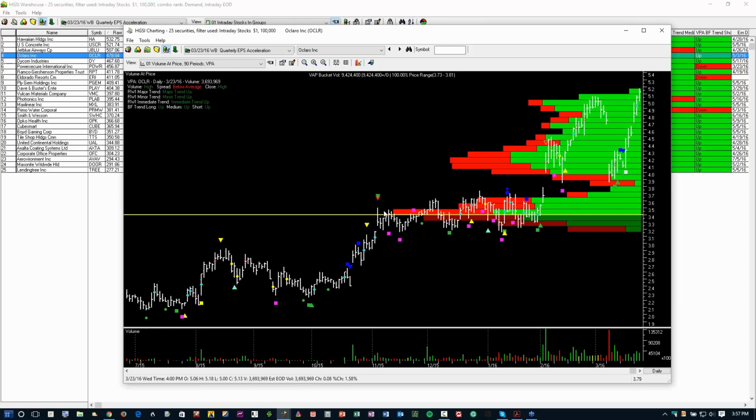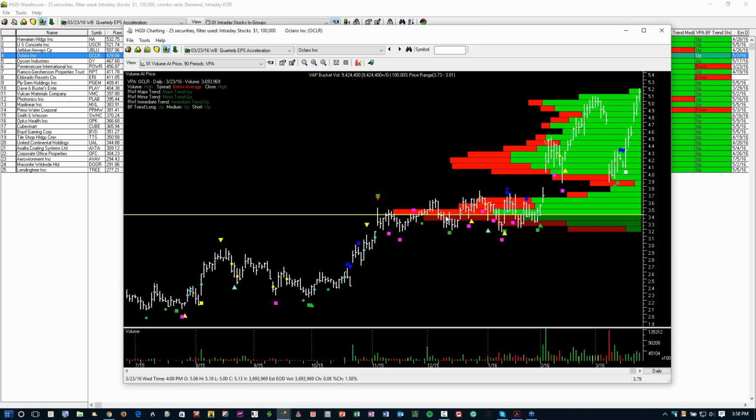We can see right here during this 90-day period, and what is this stock? I don't know, it's a little stock, OCLR. I just happened to grab it for some reason. But you can see what Matt was saying about this volume point of control right here.